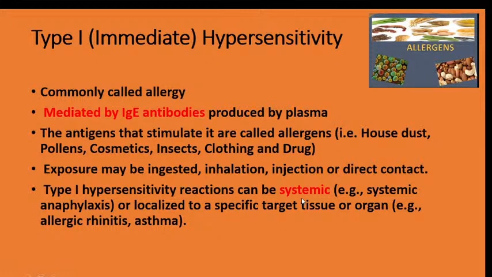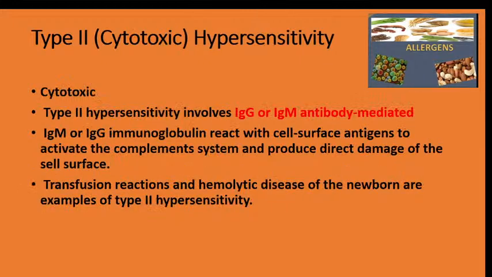Now, next is type 2 hypersensitivity. Type 2 hypersensitivity is also mediated by an antibody, and it is cytotoxic. The antibodies involved are IgG or IgM. That is the difference.